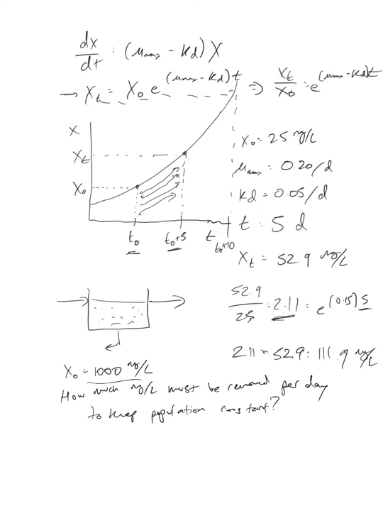So using the same parameters, we can say our x of t is equal to x sub 0, 1,000, times e to the 0.2 minus 0.05, and then t is just 1 day. And we get, let me make sure I did this right.